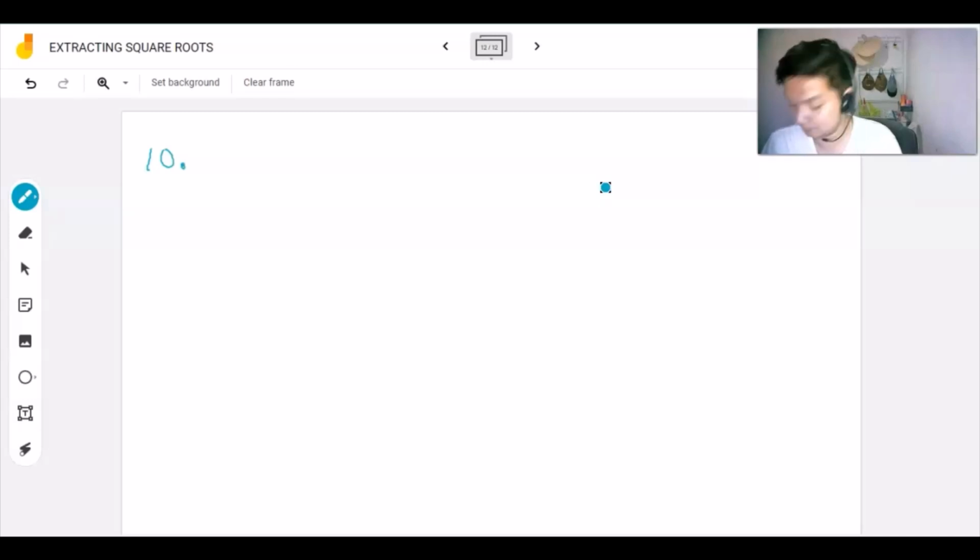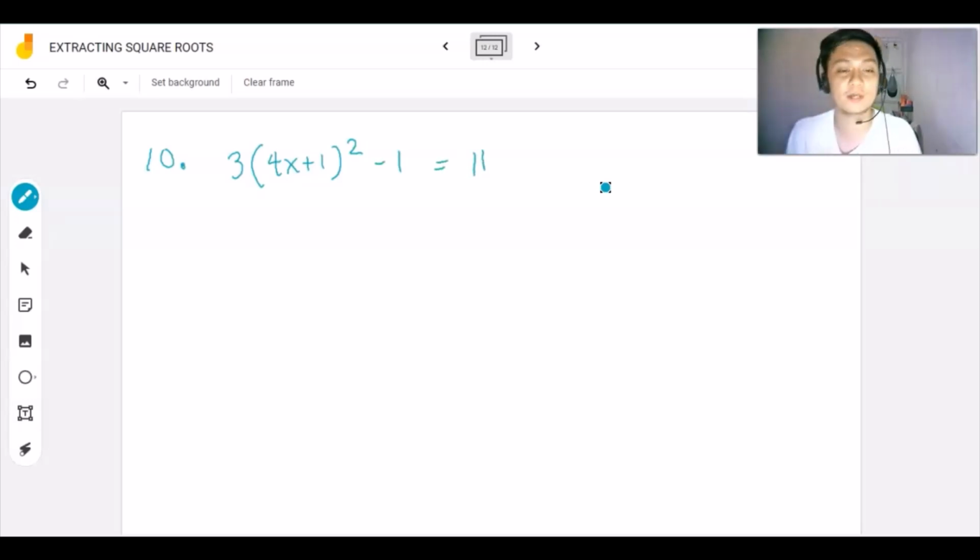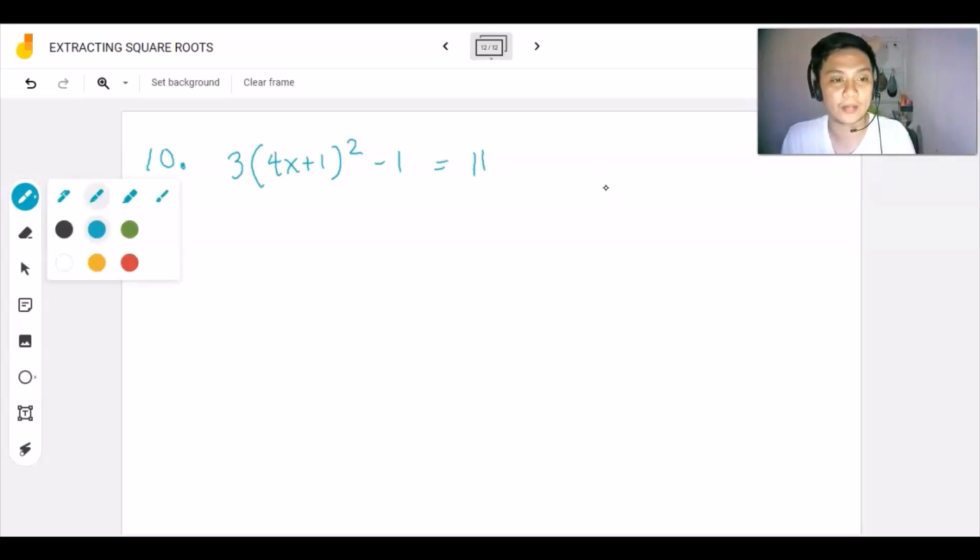Okay, ito na lang. 3 times quantity 4x plus 1 squared minus 1 equals 11. Ayan. Bukod sa merong coefficient ng absolute value ay greater than 3, meron ding constant dito na term which is negative 1. So, anong uunahin natin?